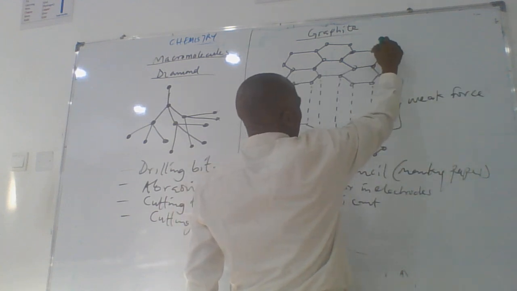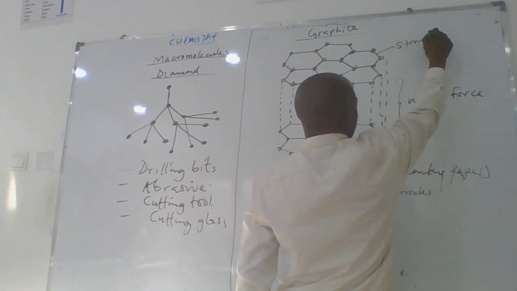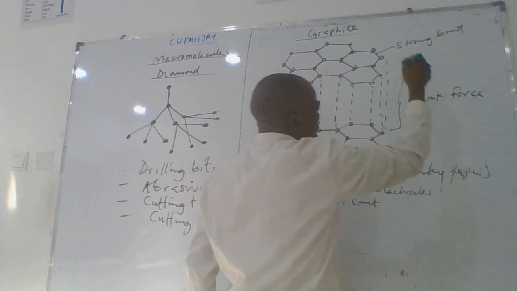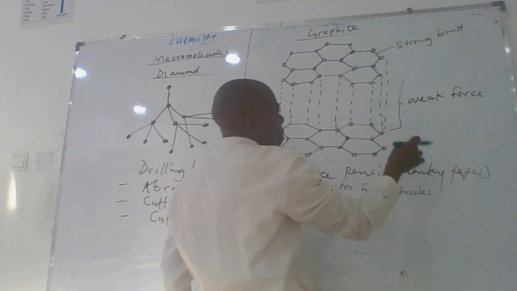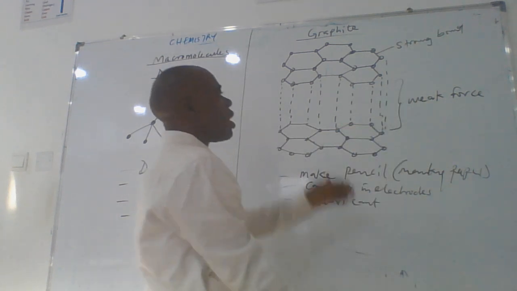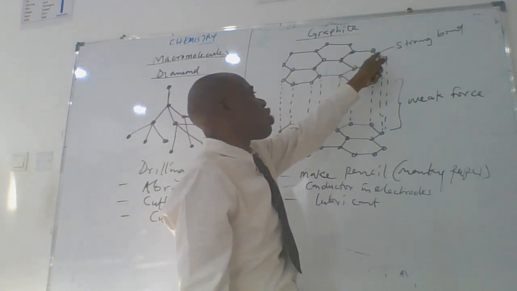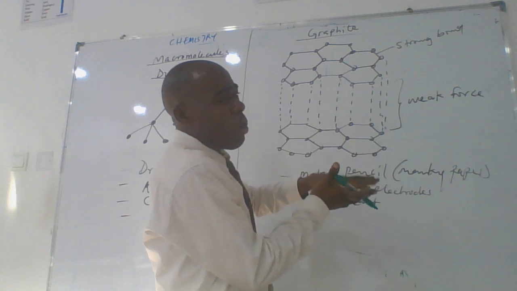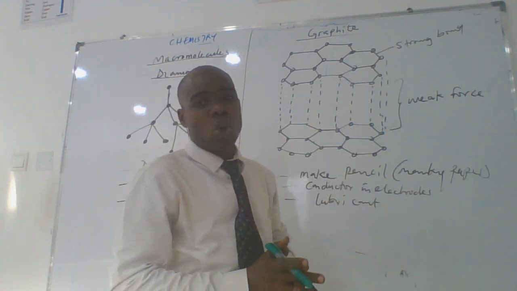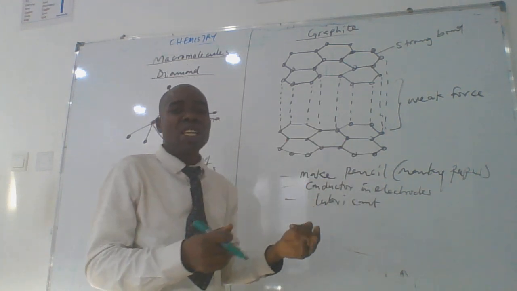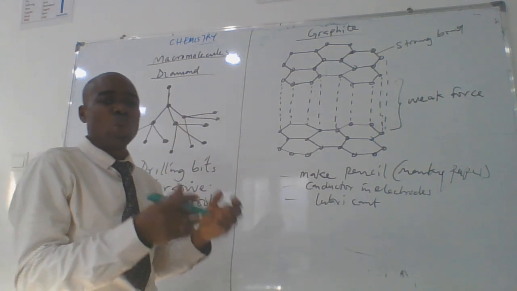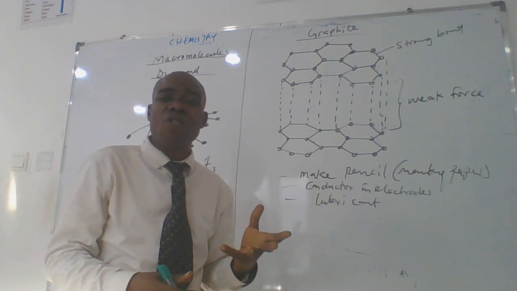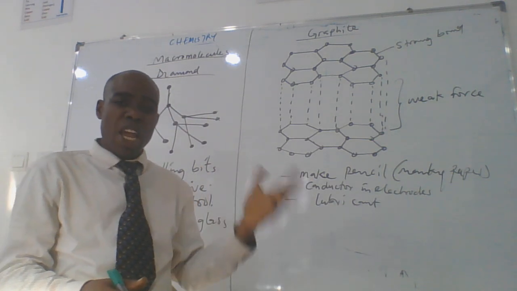Then there is a strong force there. This is a very strong bond, with a stronger molecular force. But this is a very weak bond. So the bond between each of the atoms is very, very strong, whereas the bond between the molecules, the intermolecular bond, is very, very weak. So this is why graphite is different and unique and has uses different from diamond, despite the fact that they are both from the same element.